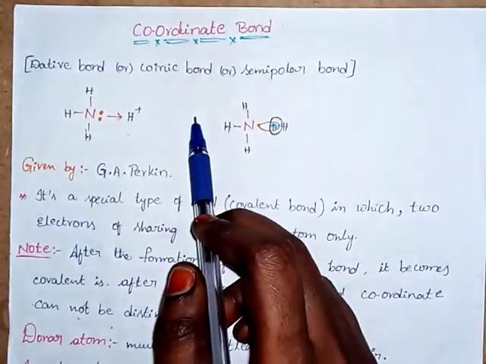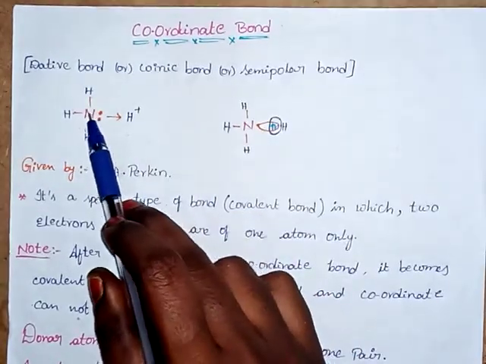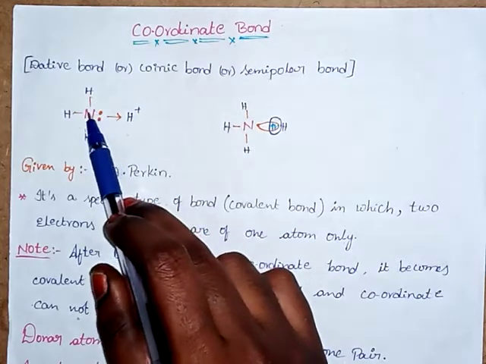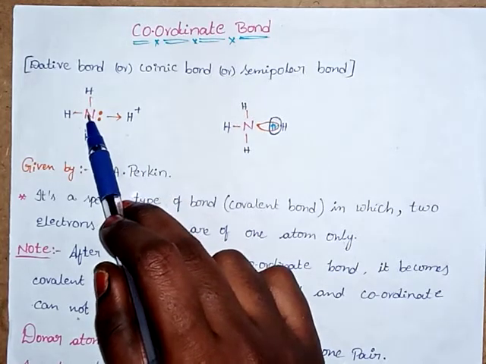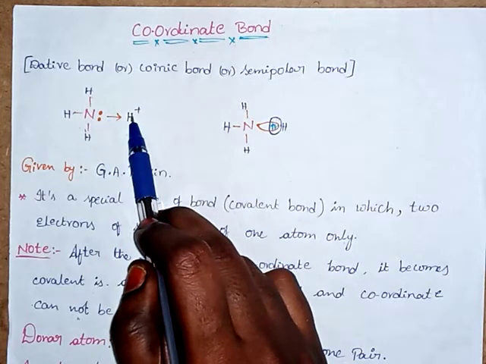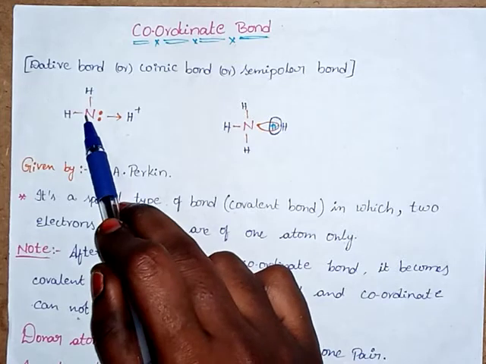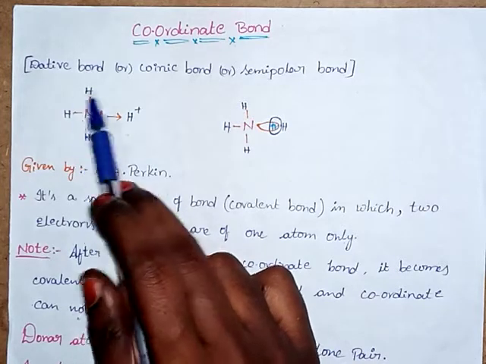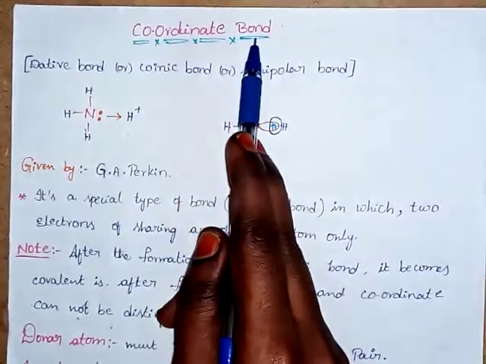Remember this point. Only one side, nitrogen, is giving the electrons, but hydrogen does not give any electrons to this atom, right? So one side only gives the electrons. That type of bond we call a coordinate bond.